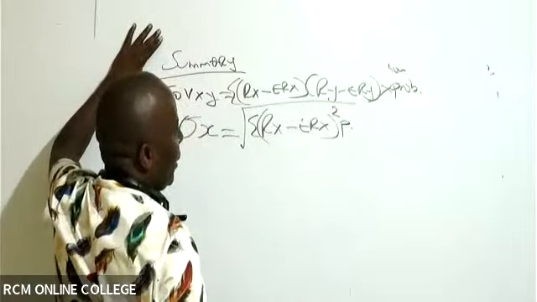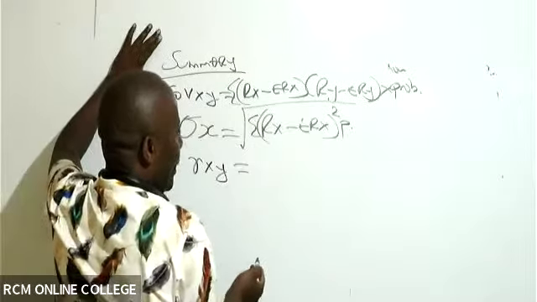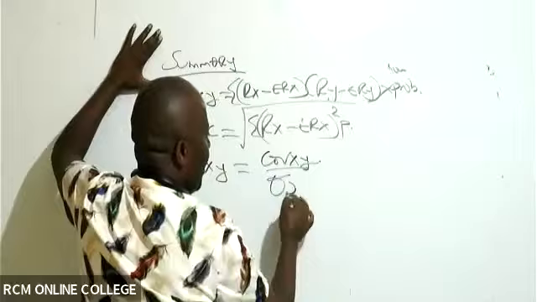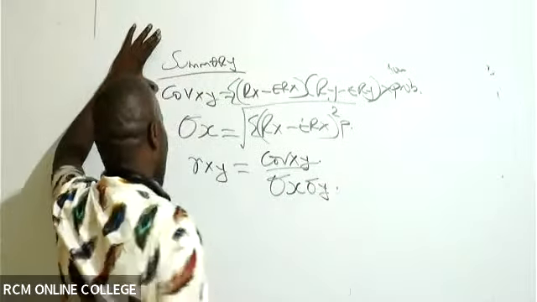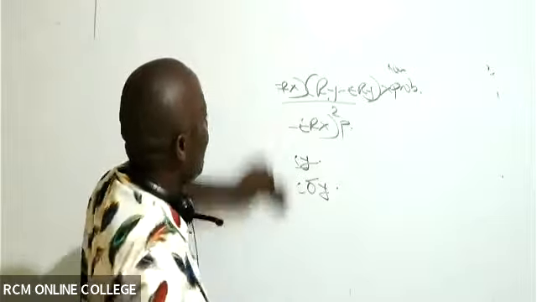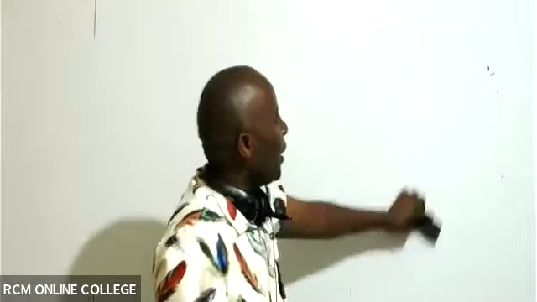And the idea of R between X and Y, where you take the covariance between X and Y divided by the respective standard deviations. It is very important that you watch this video, not tomorrow, but today.